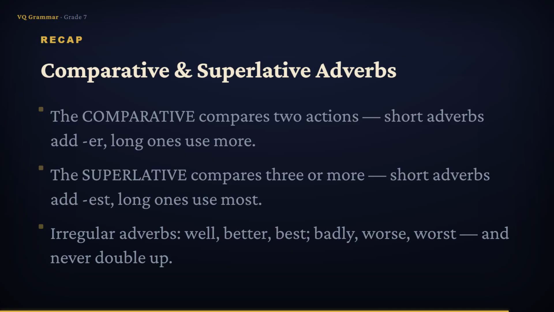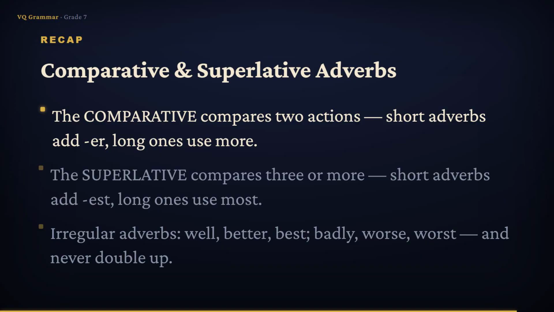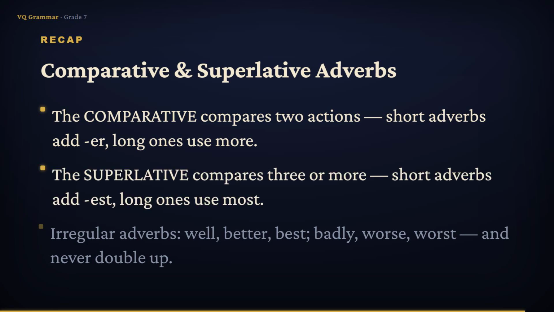Let's gather up what we learned. Adverbs compare just like adjectives do, and the number of actions you're comparing decides the form. The comparative compares exactly 2 actions. Short adverbs add er, and longer ly adverbs use more. The superlative compares 3 or more.